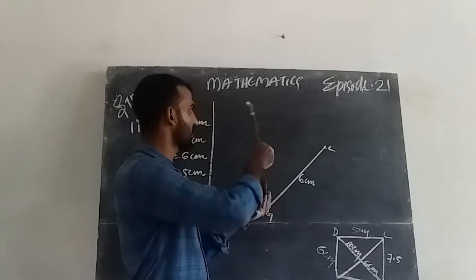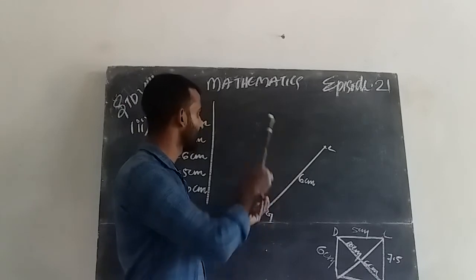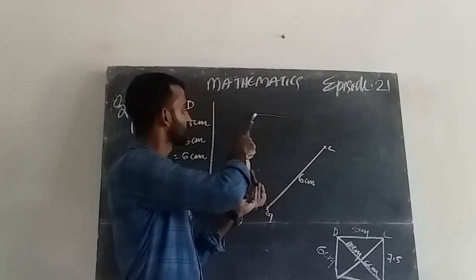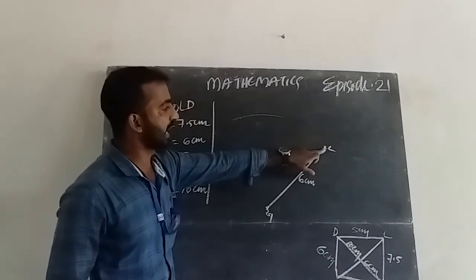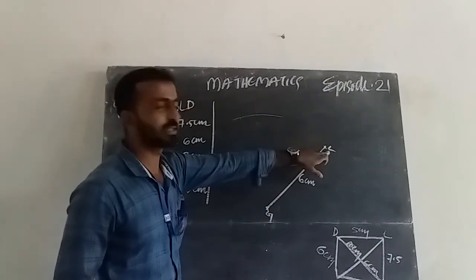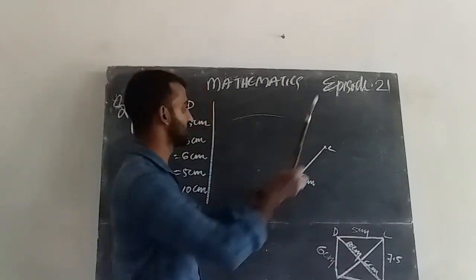G is our center and we take 6 centimeter in the compass and draw an arc. And next, taking L as center, we draw a 5 centimeter arc.